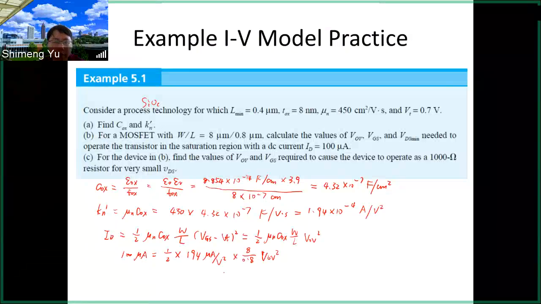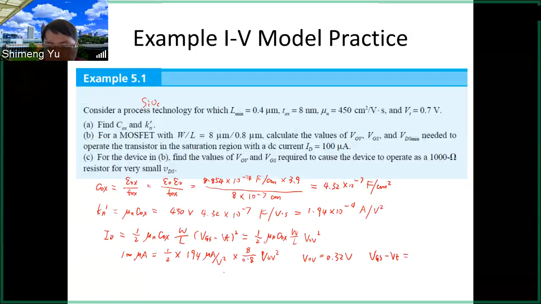So you can solve for the VOV. You move the values to the other side and solve for the VOV. I will skip that. The VOV will be 0.32 volts. Of course, you will have two solutions for this second order equation, one positive 0.32, one negative. It will always be positive because VGS minus VT needs to be larger than 0 to turn on the transistor.